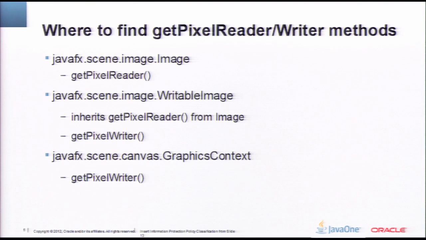Finally, we introduced at the same time an API elsewhere in JavaFX called the Canvas API, which has a graphics context which lets you render into it, and that also lets you get a pixel writer so you can supply pixels in kind of a put image operation. I'm not going to go over Canvas today, but that'll be a talk tomorrow, but that's another place where you can get one of these pixel writers.